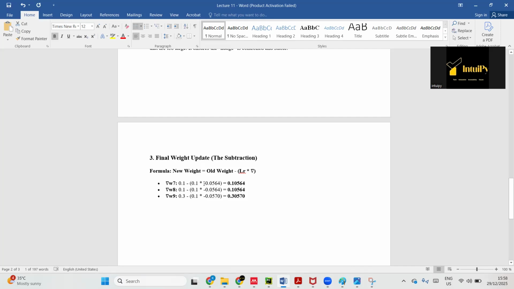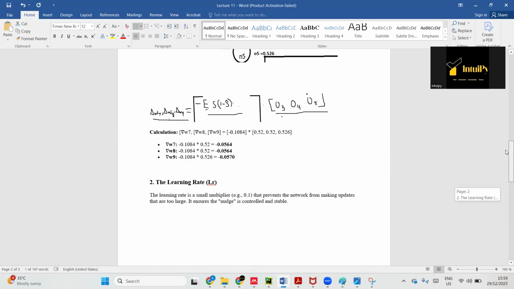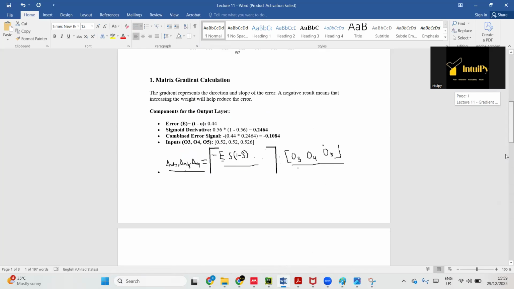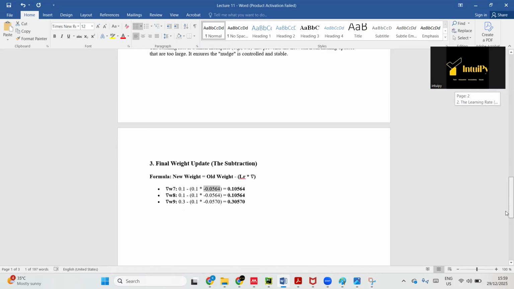So you have it here. Negative actually means that you have a negative adjustment. It means that the update is going from left to right. Then if you have a positive update, it means that it is going from right to left. So here we have a negative one.